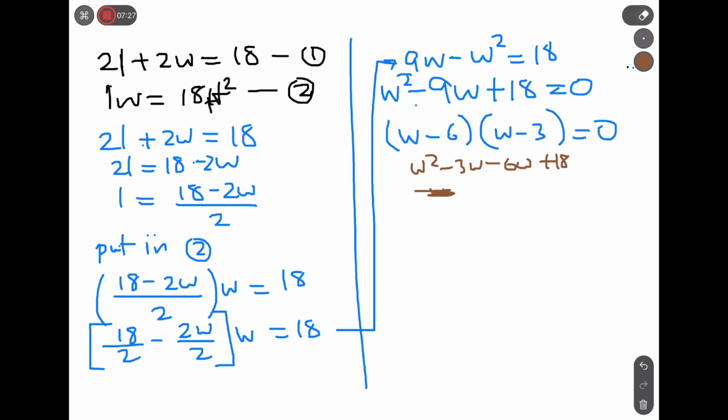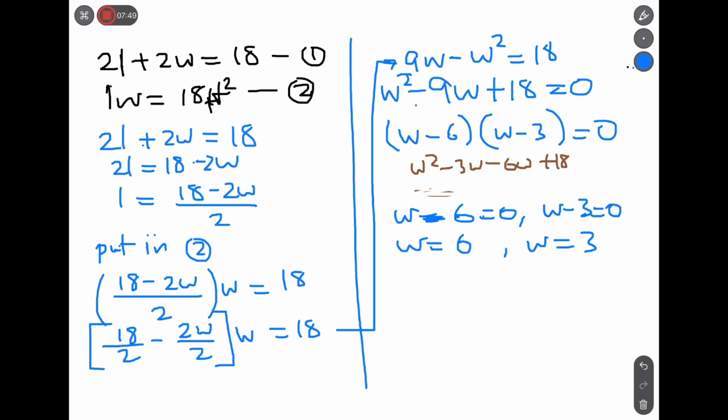So what do we find here now? We find that W can either be, because we said W minus 6 equals 0 or W minus 3 equals 0, that in turn would mean W equals 6 or W equals 3. Okay, so when we substitute these values back into equation 1 or 2, we see that L times 6 equals 18, and therefore L has to equal 3.